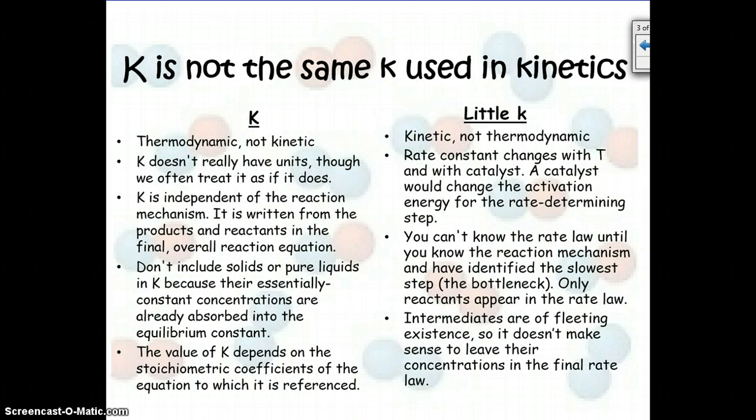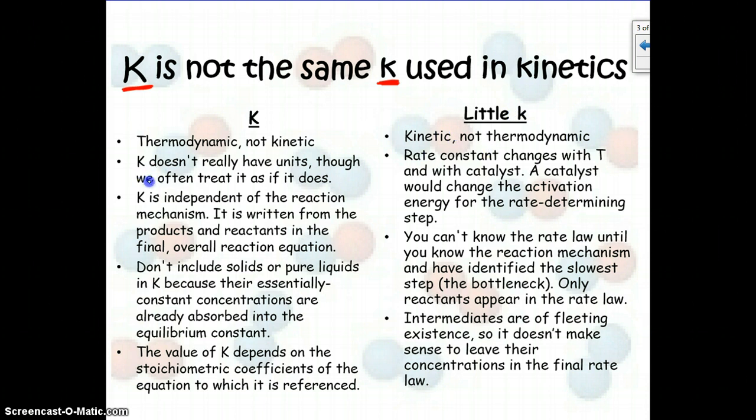Now we've talked about k before in kinetics, but the equilibrium constant, big K, is not the same as the little k rate constant. So here's a little compare and contrast. Big K is thermodynamic, not kinetic, so it is not going to be controlled by kinetics, whereas little k is kinetic, not thermodynamic.